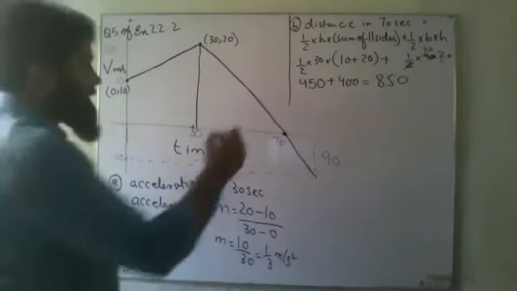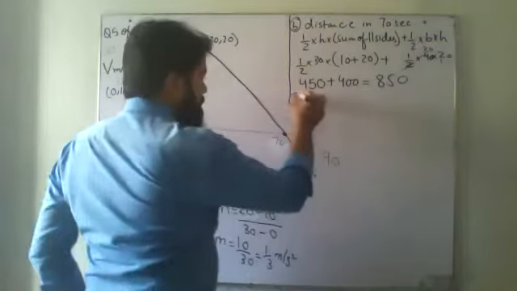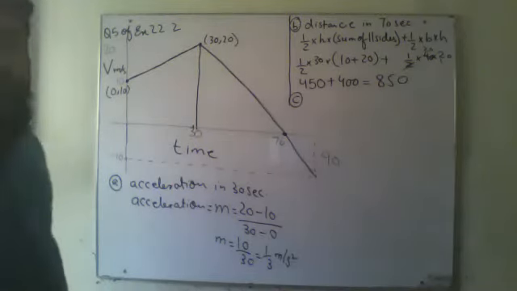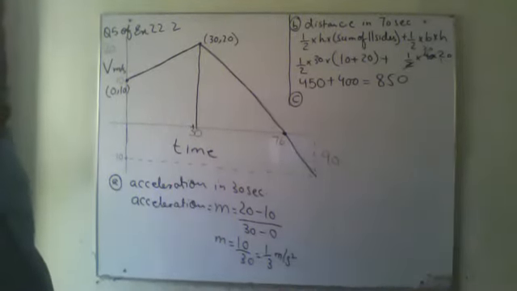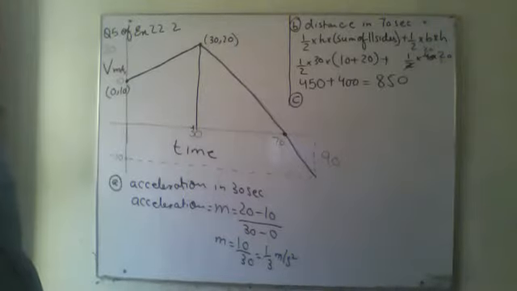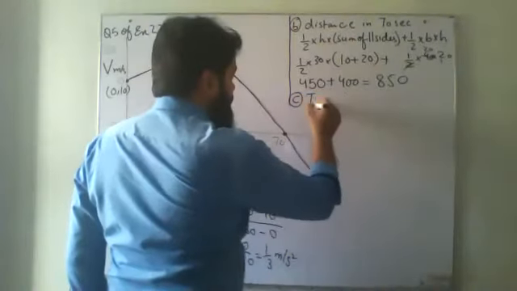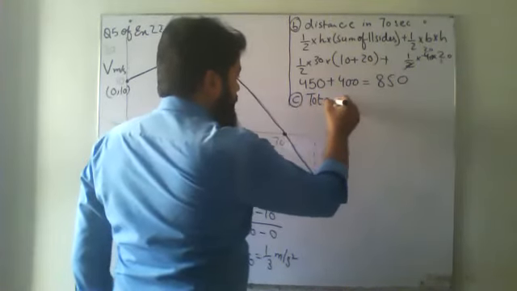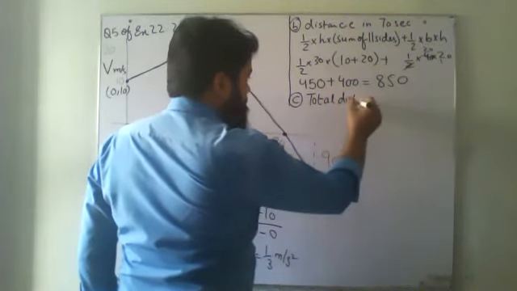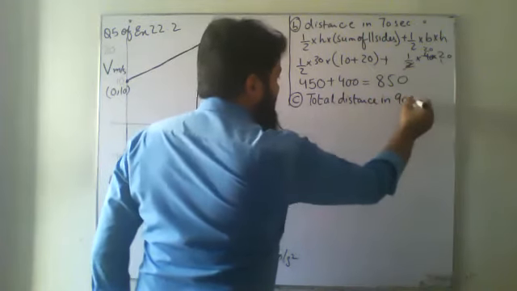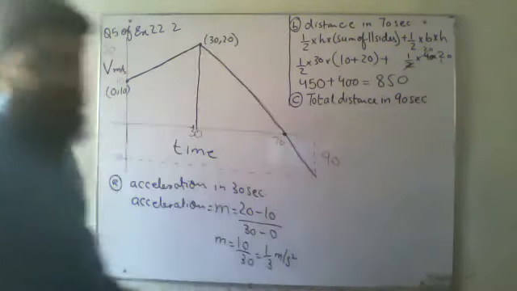Now C part is saying total distance covered in 90 seconds. The total distance traveled in 90 seconds. We have to find this one.